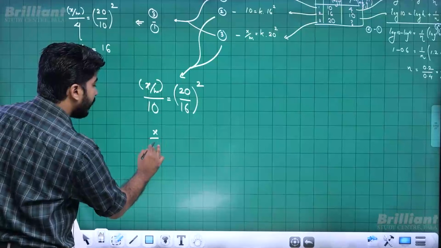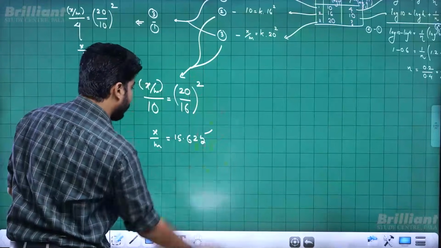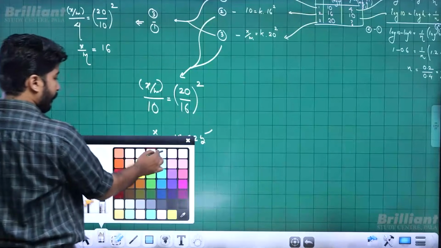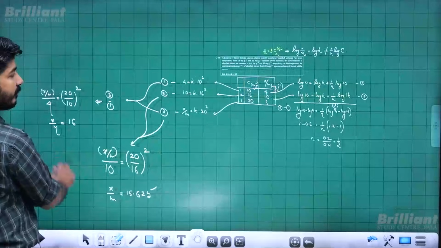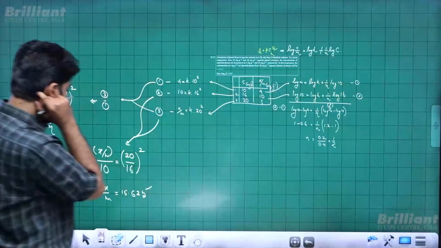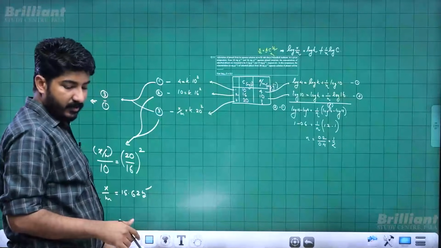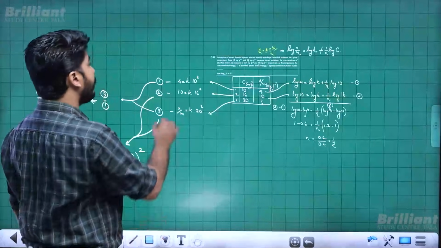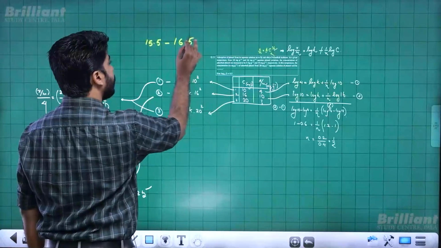From there, x by m is obtained as 15.625. So that is the two answers obtained from this particular data. IITK has given the final answer in the range 15.5 to 16.5.